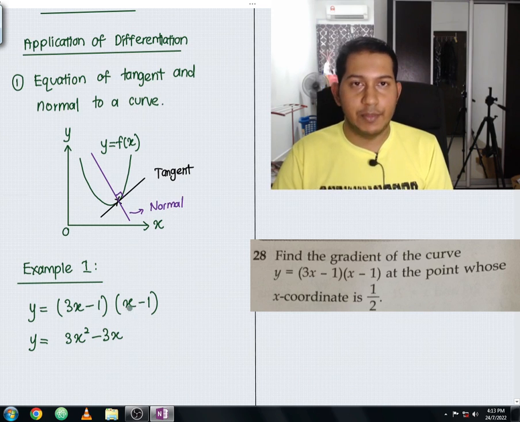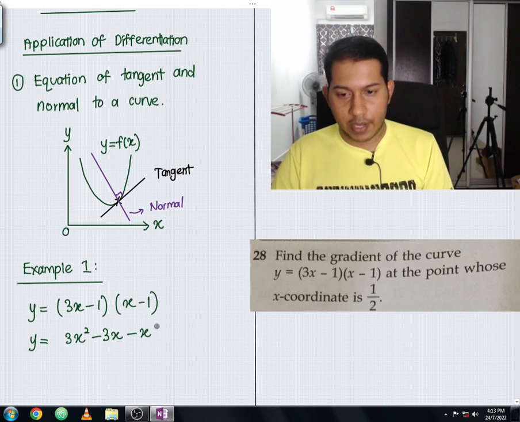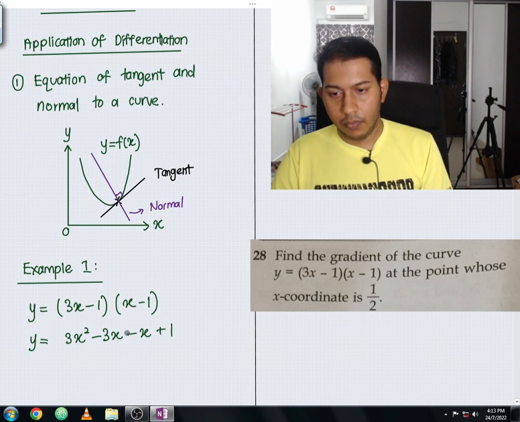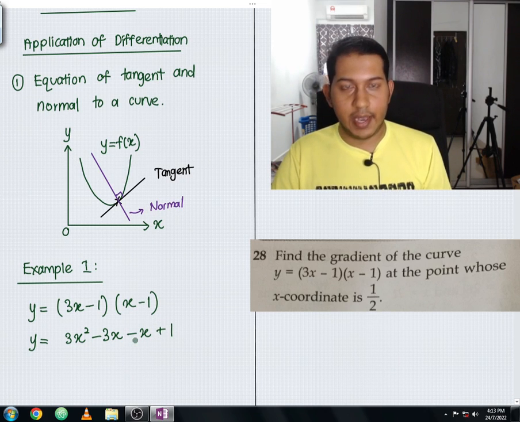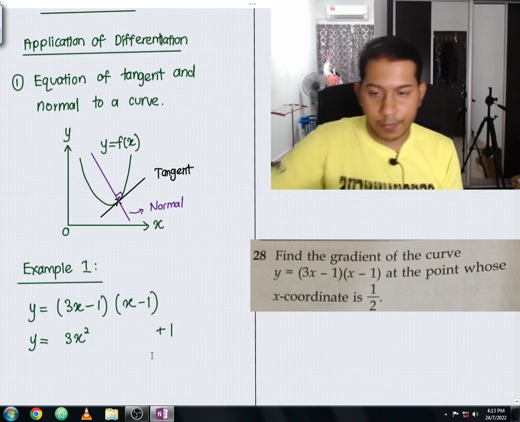Negative 1 times x, you get negative x. Negative 1 times negative 1, you get positive 1. So negative 3x minus x will be negative 4x.